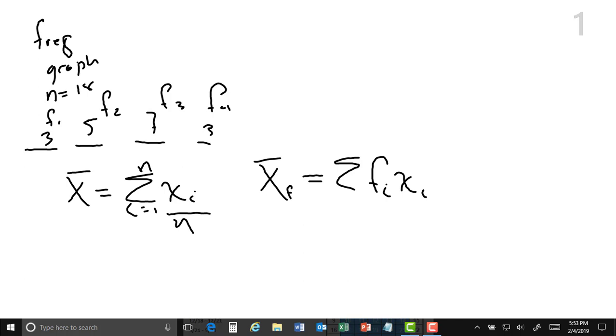I'm going to put a little hat here, because if I'm between here and here, my x in this case is the midpoint of those. So it's the midpoint of every one of these. Each one of those becomes x hat, you know what I'm saying? Because you don't know the raw data.